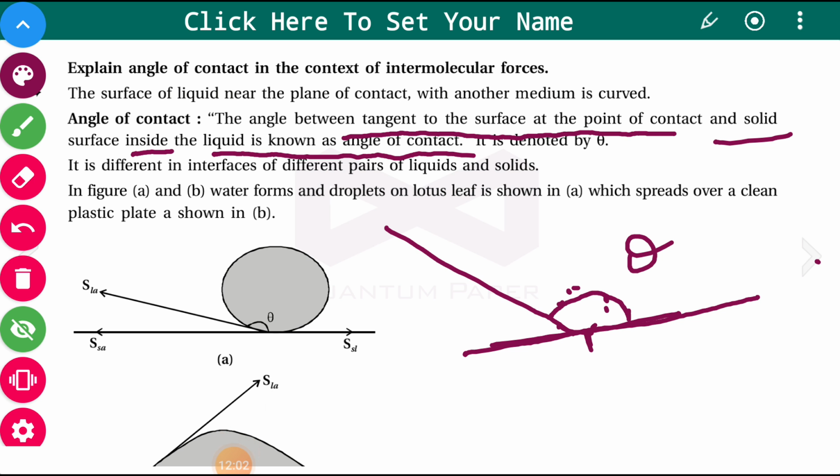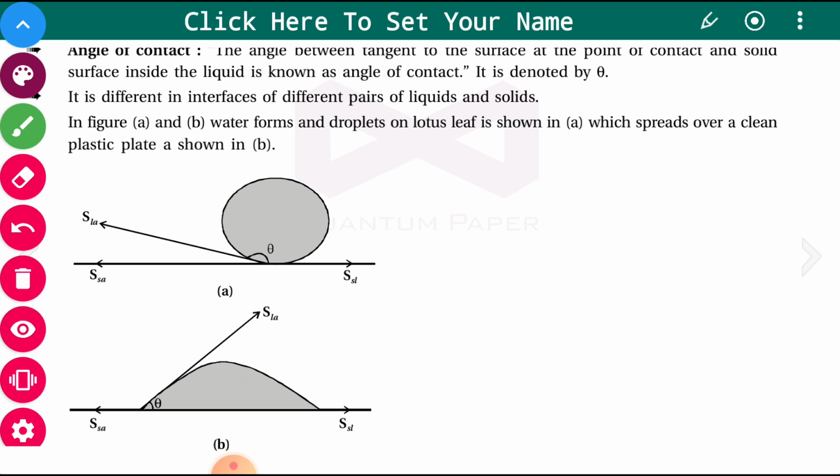In figures A and B, which are shown here, water forms droplets on a lotus leaf in figure A, and spreads over a clean plastic plate in figure B. So you can see here that the angles are different.